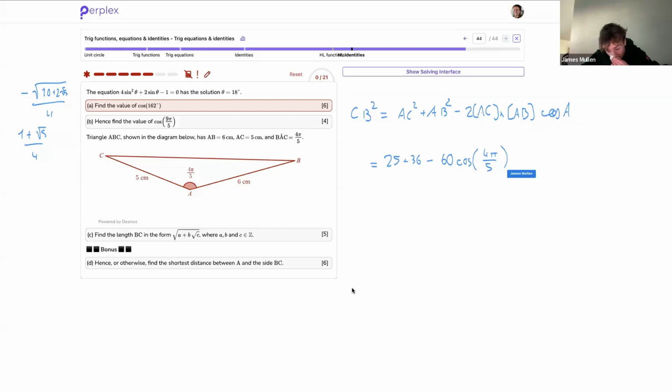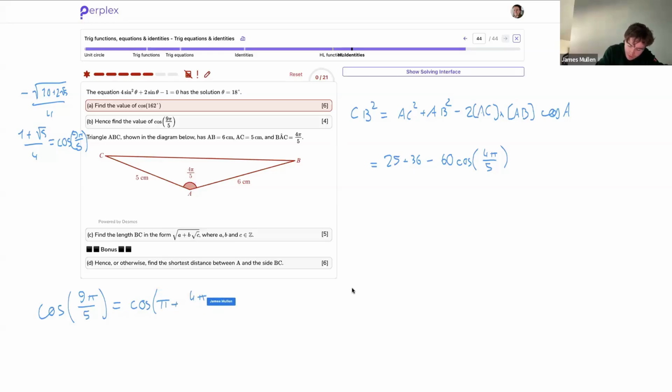All right, now what does 4 pi over 5 have to do with cos of 9 pi over 5? Well, cos of 9 pi over 5 is equal to cos of pi plus 4 pi over 5, which means that cos of 4 pi over 5 is going to be negative what we found for cos of 9 pi over 5.